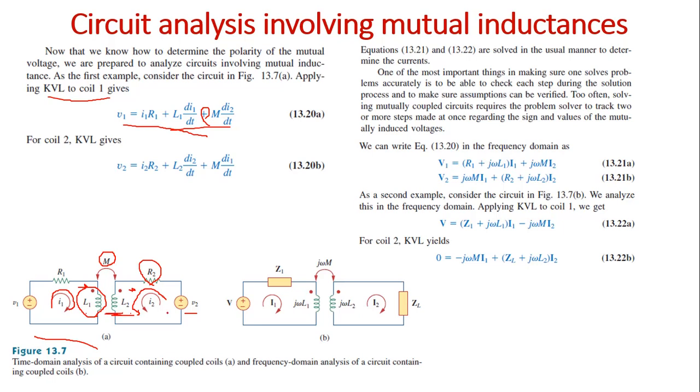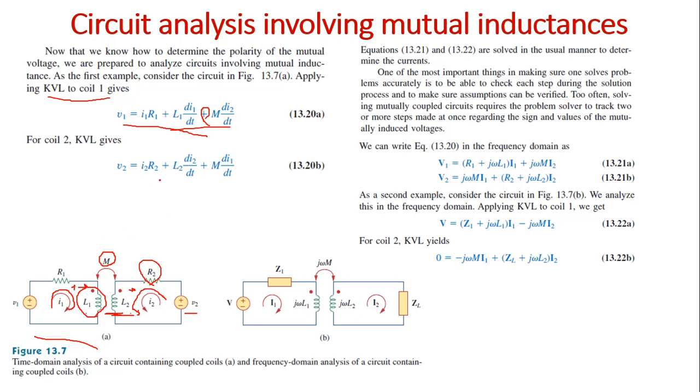Again, by the dot convention, in this coil the current enters the dotted terminal, so this terminal is positive, and current I1 also enters the dotted terminal here, so the mutual voltage is positive.